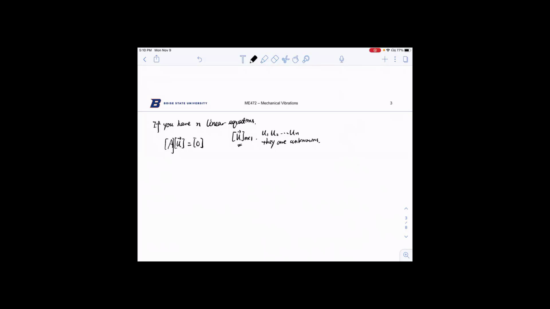If your nth order linear equation has non-zero solutions of U, this can only happen when the determinant of your A matrix is 0. In linear algebra, we say your A matrix is not full rank.